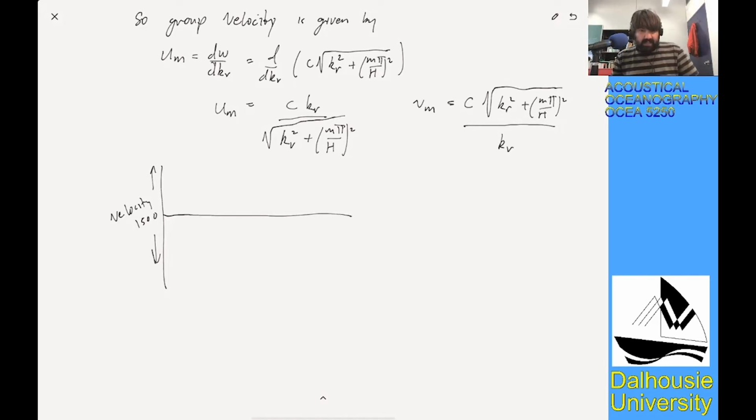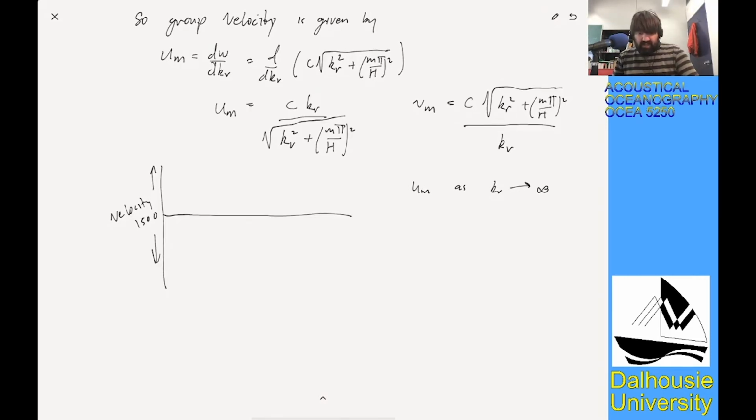Okay? And what do these two things look like? Let's look a little bit closely before we sketch them. As kr goes to infinity, or gets very, very large, why is that interesting?